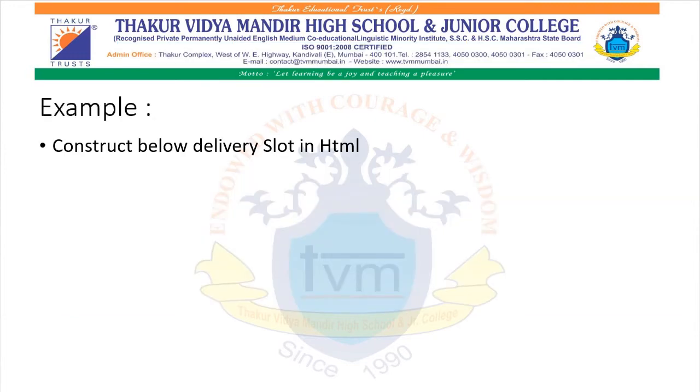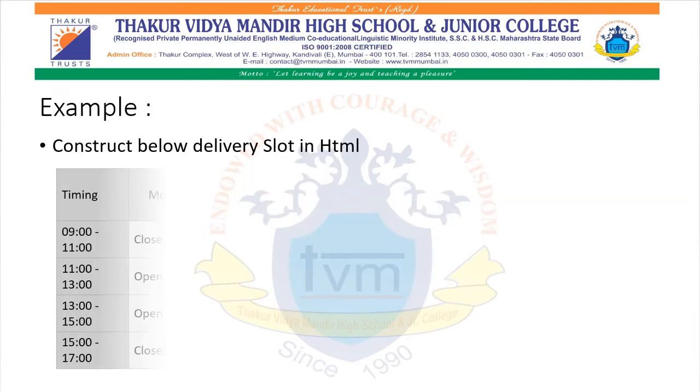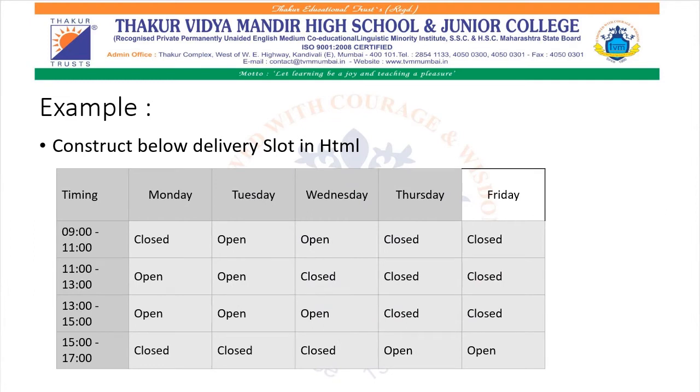In this example, you can see a table where each row represents a time slot. The first row is the time slot from 9 to 11. The second is 11 to 1:30. The next is 1 o'clock to 3 o'clock, and the last is 3 o'clock to 5 o'clock.